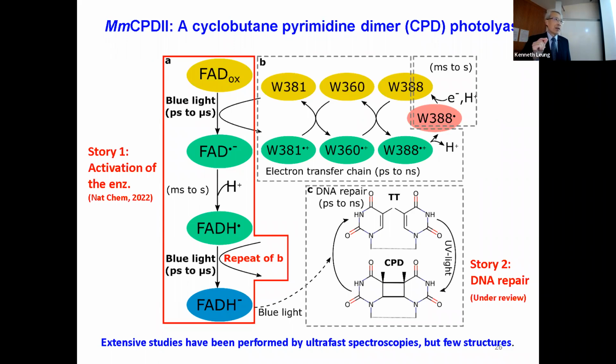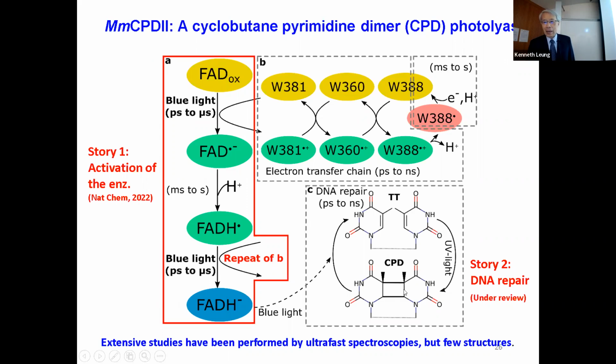Now, this slide looks complicated, I know, if you are not in the field, but let me explain to you, it's not complicated. This region is the dimer. This is TT. If you have two thymines in DNA next to each other, that's TT.